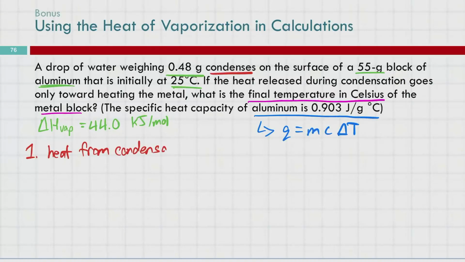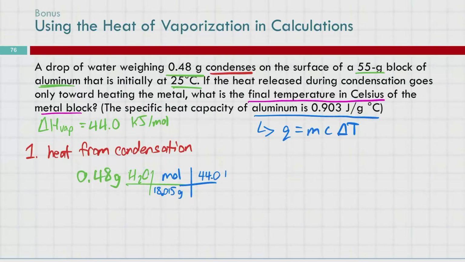So heat from condensation, we've got 0.48 grams of H2O. We can convert that to moles of H2O. And then we can use this 44 kilojoules per mole to figure out the amount of heat released.